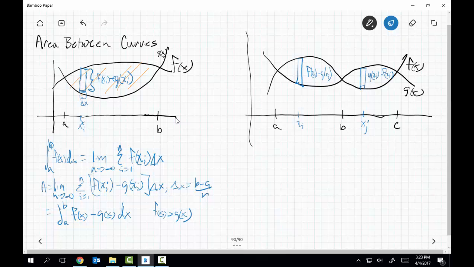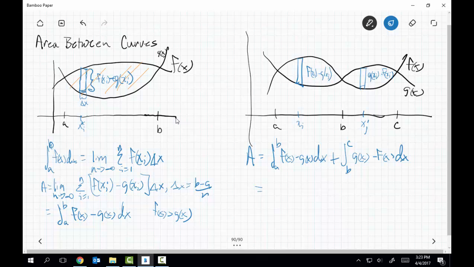So when we're integrating by hand, if I want the total area bounded between the two curves, I would have to write it as two integrals. The integral from a to b of f minus g dx plus, because areas are additive, the integral from b to c of g of x minus f of x dx.